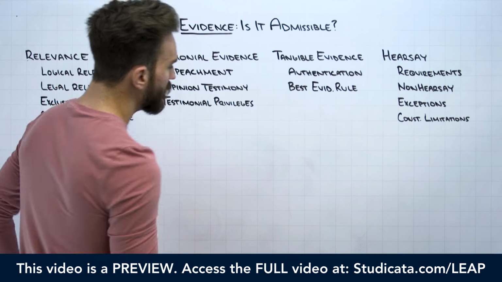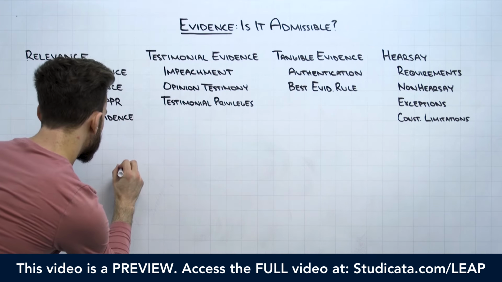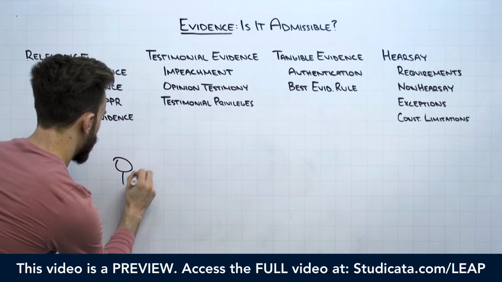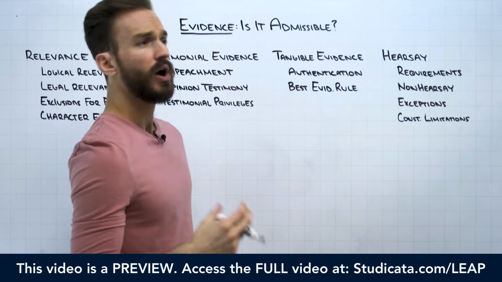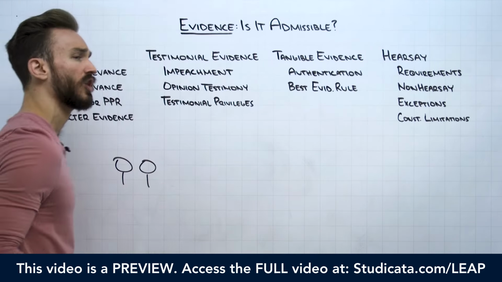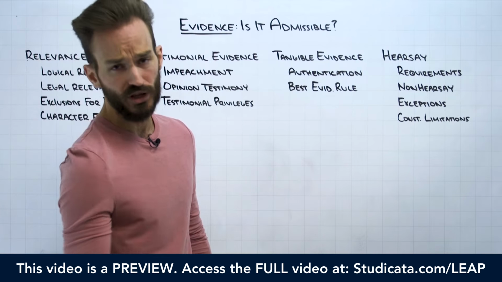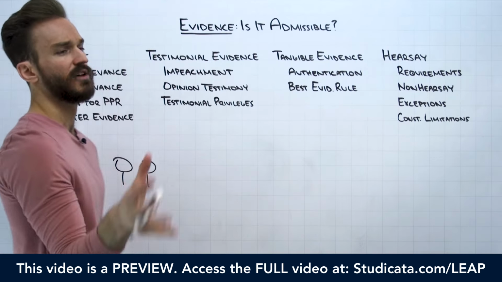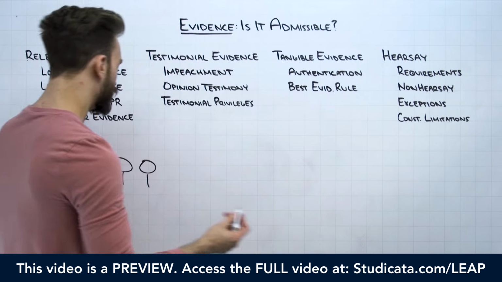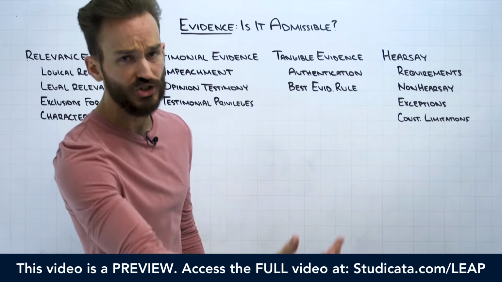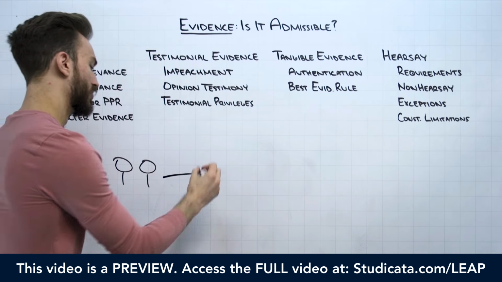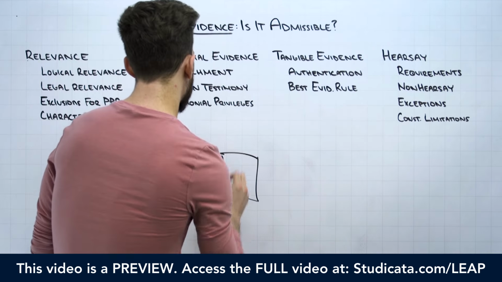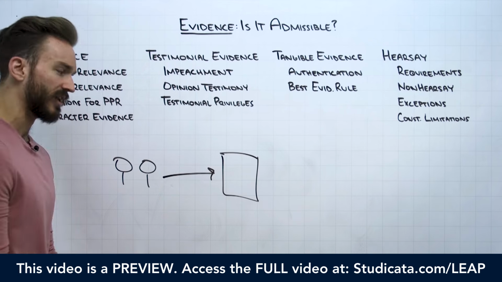In either event, starting with the plaintiff or the prosecution, they are going to have to prove whatever it is that they're alleging. And how do they do this? They're going to have to put forth evidence. So we'll get to court, and there will be evidence presented.